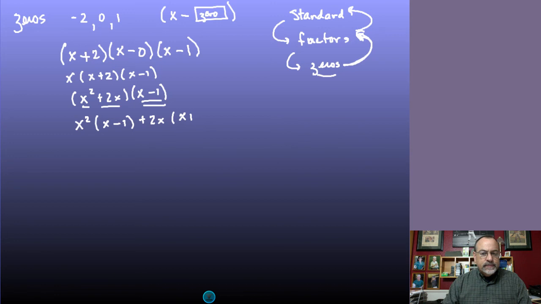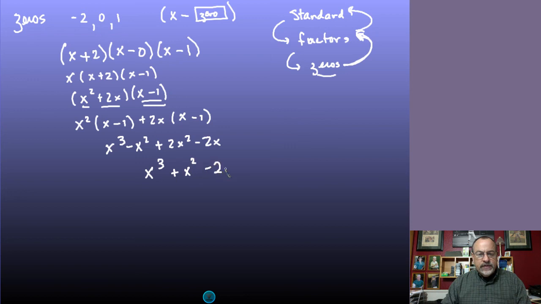Whoops, it's a minus. And I distribute those out and I'll get my polynomial. So this is going to be x cubed minus x squared plus 2x squared minus 2x. So I'm going to get x cubed plus x squared minus 2x. So this is the polynomial in standard form that has these 3 values as its zeros.